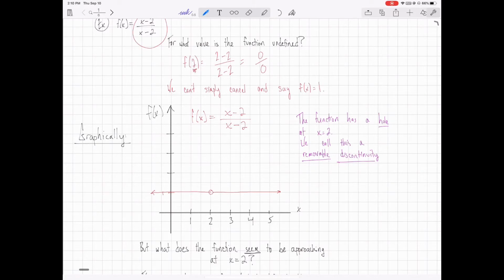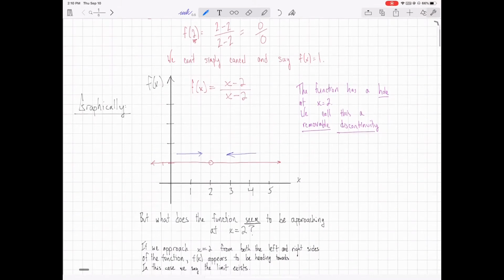And in this case, if you were to head towards x equals 2 coming from the right, it seems like the function's going to continue and go to the value of 1 at x equals 2. And from the left, it looks like it's going to head towards a value of 1 at x equals 2. And when I say value of 1, I'm really talking about y equals 1. It's heading towards y equals 1 as we approach x equals 2.